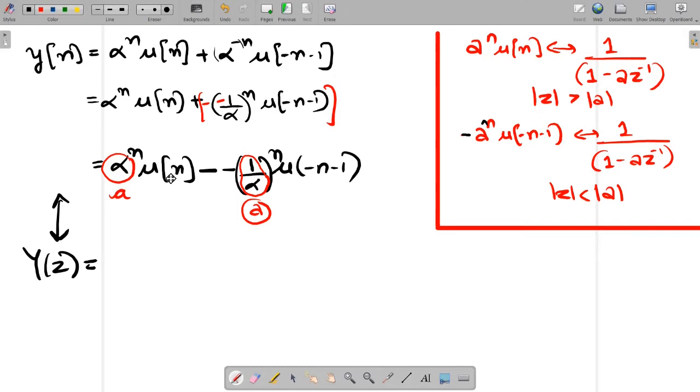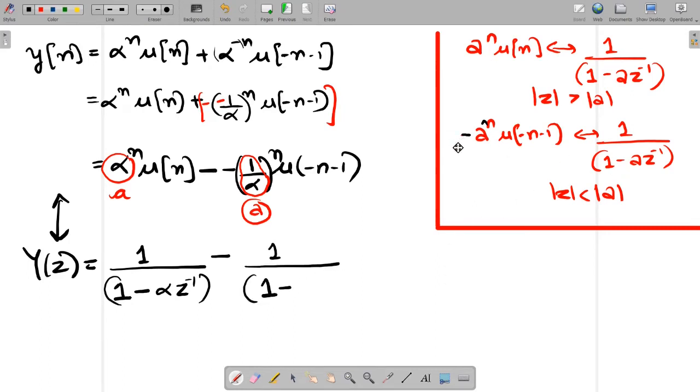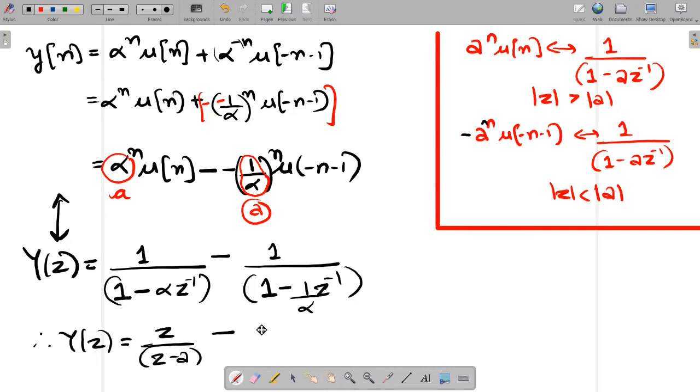So, alpha raised to n u of n will give me a Z transform as 1 upon 1 minus a Z inverse, a is alpha, alpha Z inverse, minus 1 upon 1 minus a Z inverse, a over here is 1 by alpha, 1 by alpha Z inverse. Therefore, I can say y of z is, if I take Z inverse, Z upon Z minus a minus Z upon Z minus 1 by alpha. So, that is the Z transform y of z.